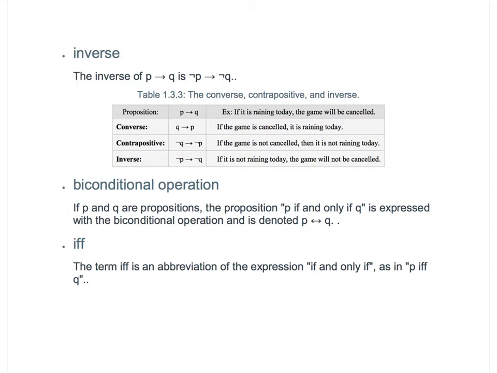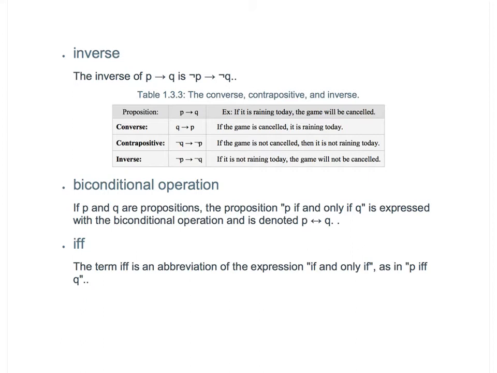Now let's talk about the biconditional operation. If P and Q are two propositions, then the proposition P if and only if Q is expressed with the biconditional operation, and it is denoted by this symbol. It's a two-way arrow, a left arrow and a right arrow.